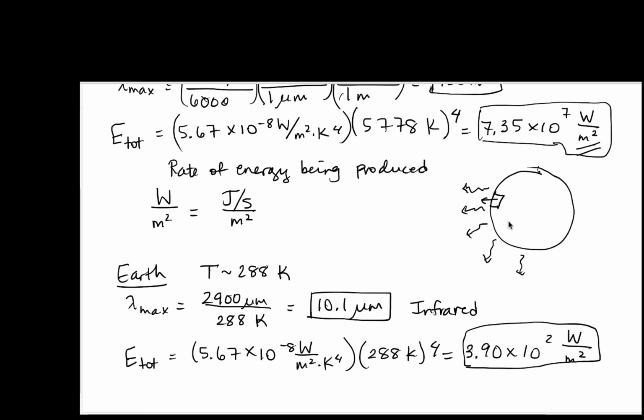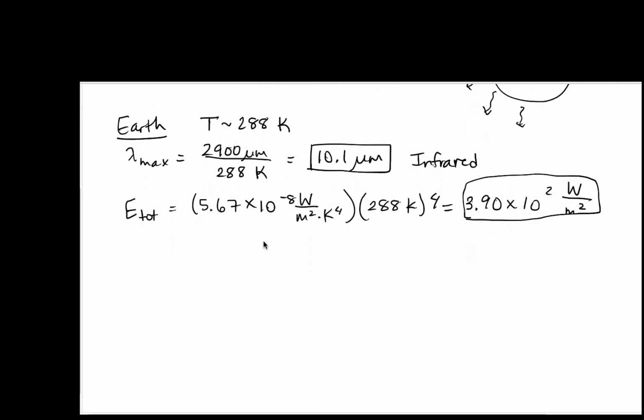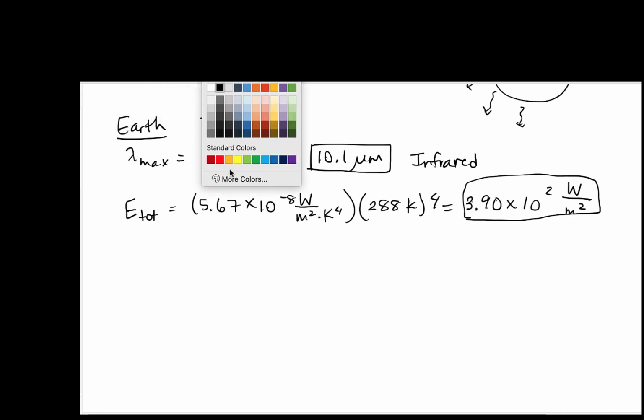And you can calculate this by looking at the incoming energy from the sun and the outgoing energy from the Earth. So if we think about the incoming energy of the sun, let's get an orange ink color here.